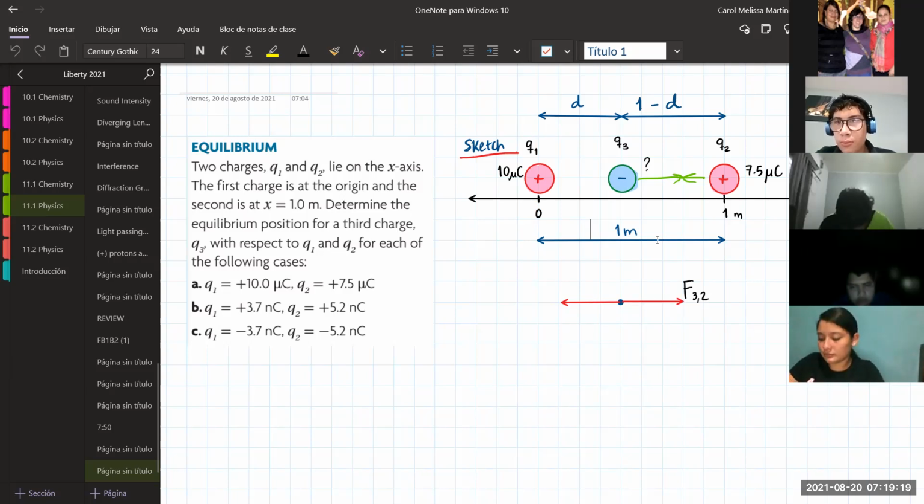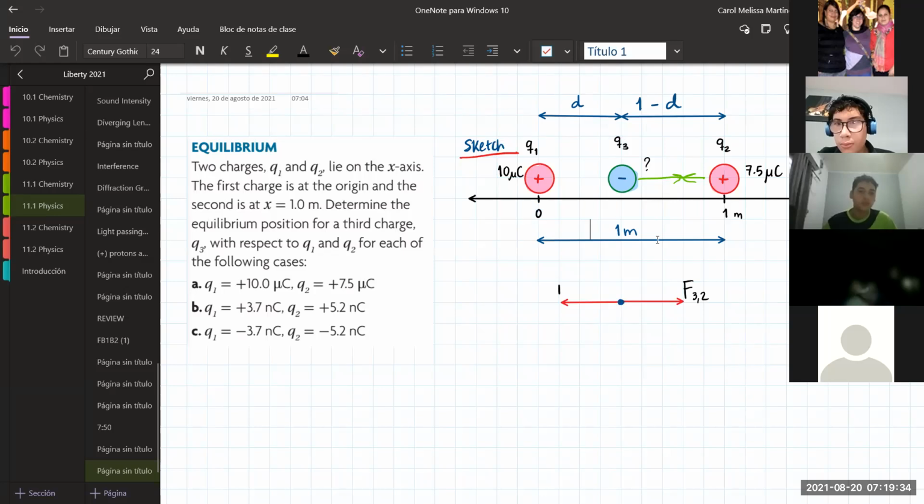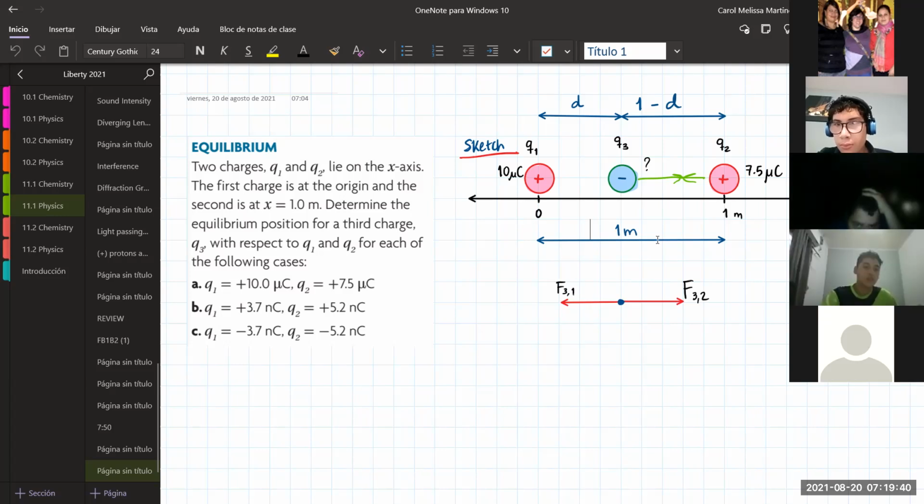That's why the two forces, as you can see, measure the same, just to indicate that they are the same. So this force is between my Q1 and my Q3, so I'm going to call it force F31.